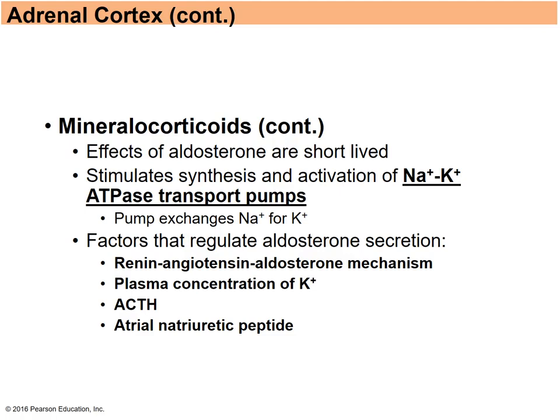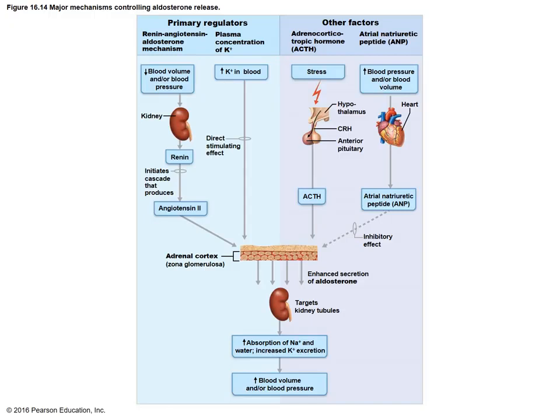Effects are going to be short-lived. There are different factors that are regulating the aldosterone secretion, which will show some of the mechanisms that are controlling the release of the aldosterone. You could follow the flow charts.